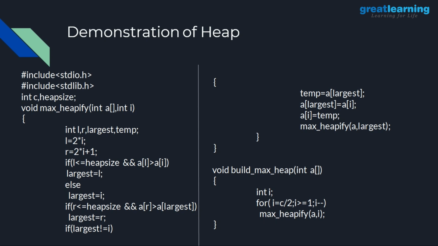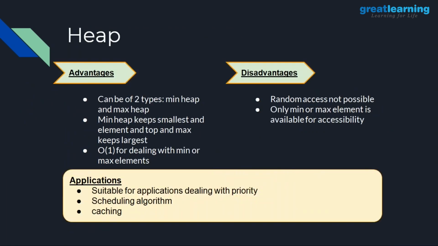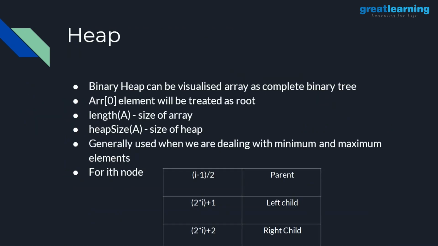So we have two variables, right? Left and right. We are using the same property, 2 into i and 2 into i plus 1. Basically, why have I changed this formula? Here I have written 2 into i and 2 into i plus 1, because in the earlier case I was choosing index 0 to be my root node, right?